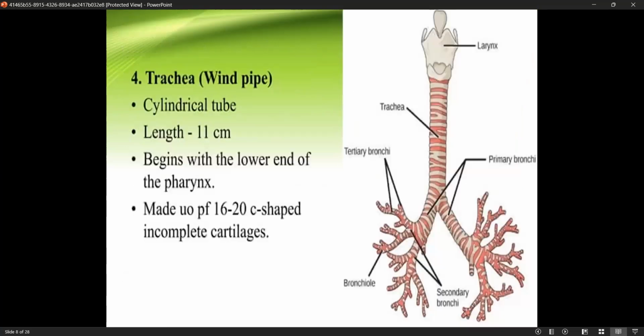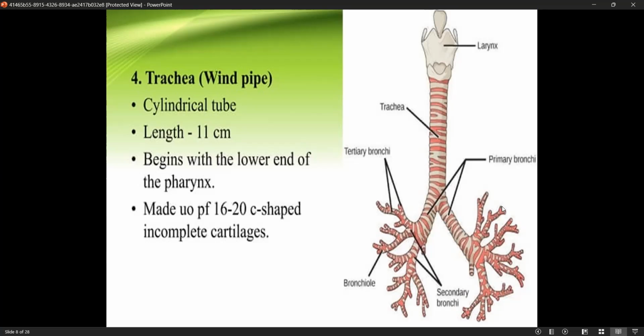The next structure is the windpipe, also called the trachea. Why is it called the windpipe? Because it carries the air and supplies it to the different lungs, that is the left lung and the right lung. Here you can see it is a cylindrical kind of tube and the length is approximately 11 cm, and it begins at the lower end of the pharynx and ends by entering into the lungs.